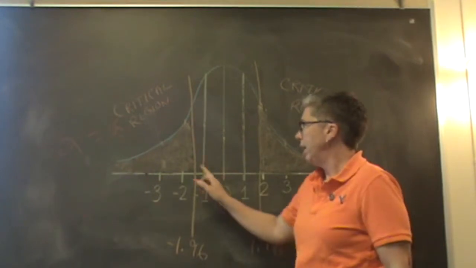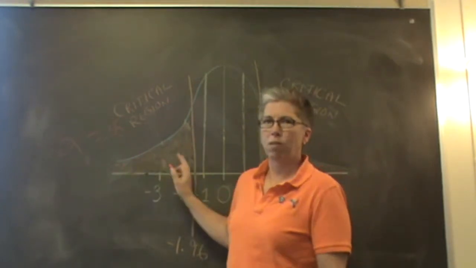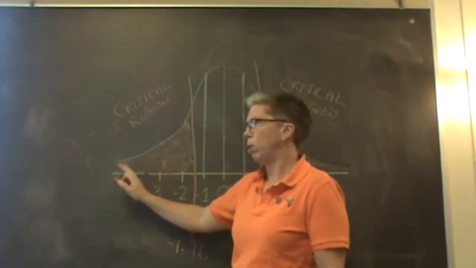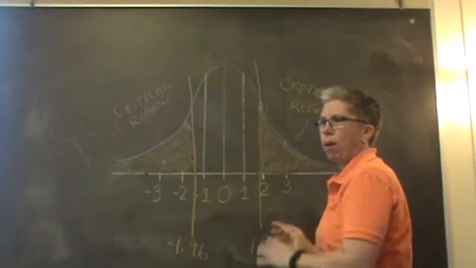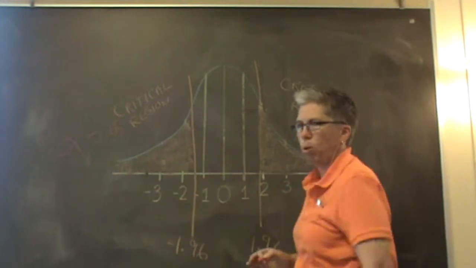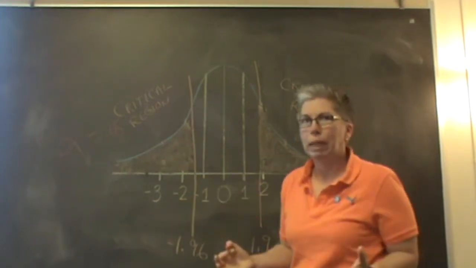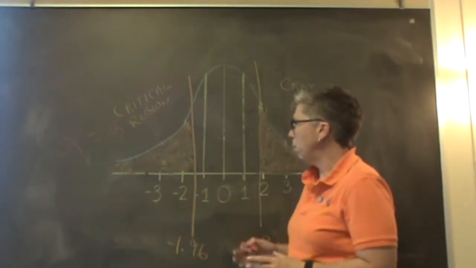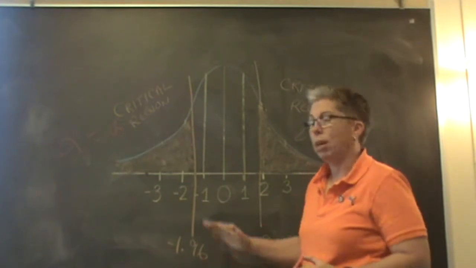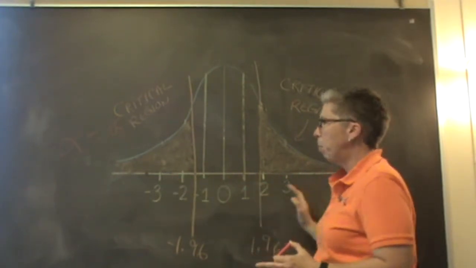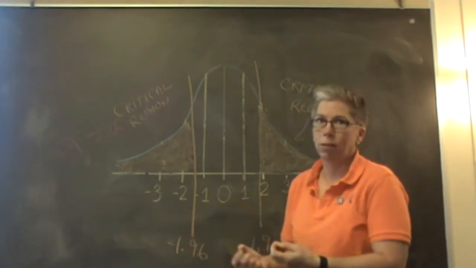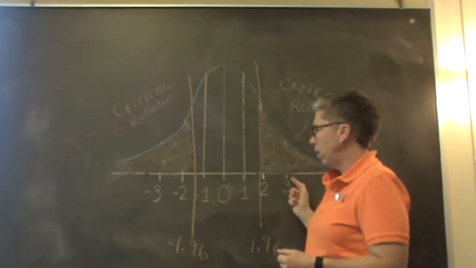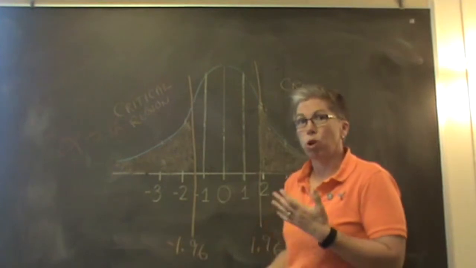That means that 0.025 of the sampling distribution is on this end and 0.025 is on this end. So combined we have 5% of the distribution. So what does that actually really mean? The sampling distribution, what's key to remember, is that these are all possible means that we would get of a sample of a particular size if our null hypothesis were true.